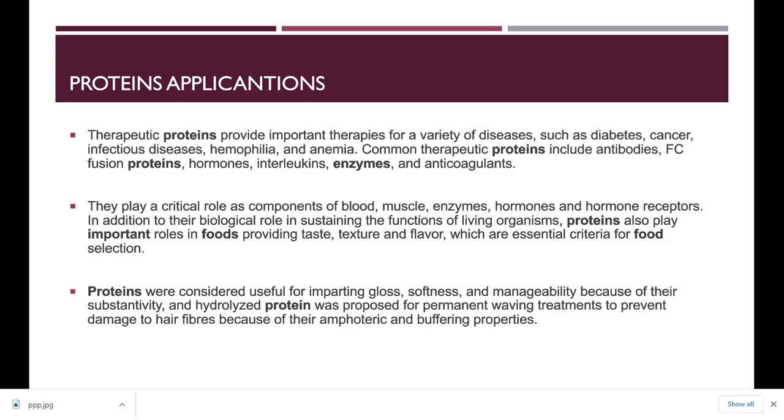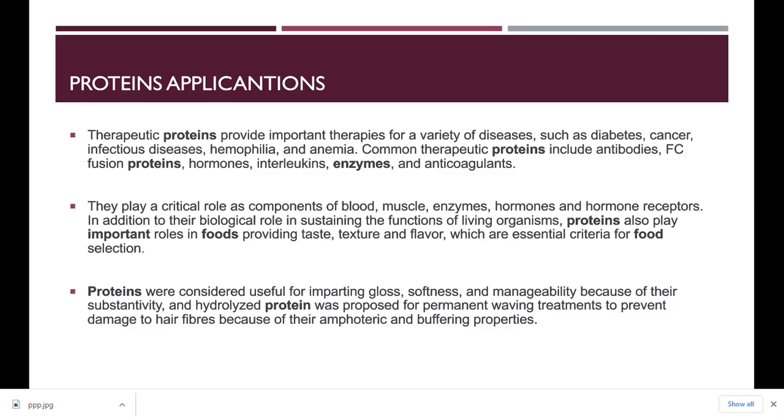Applications of proteins. Therapeutic proteins provide important therapies for a variety of diseases such as diabetes, cancer, infectious diseases, hemophilia, and anemia. Common therapeutic proteins include antibodies, Fc fusion proteins, hormones, interleukins, enzymes, and anticoagulants. They play a critical role as components of blood, muscles, enzymes, hormones, and hormone receptors, in addition to other biological roles in sustaining the function of living organisms.